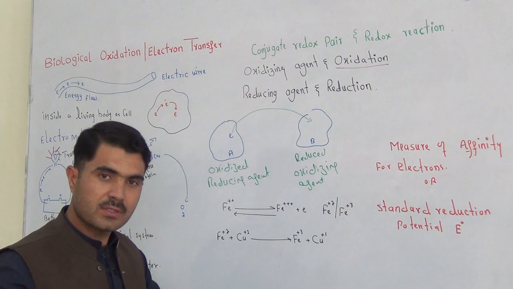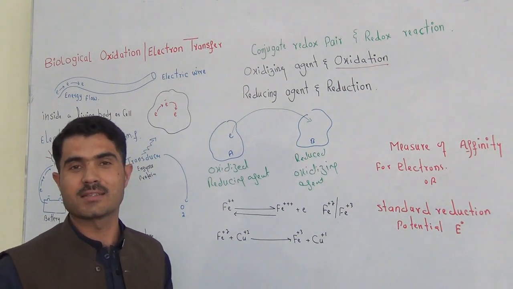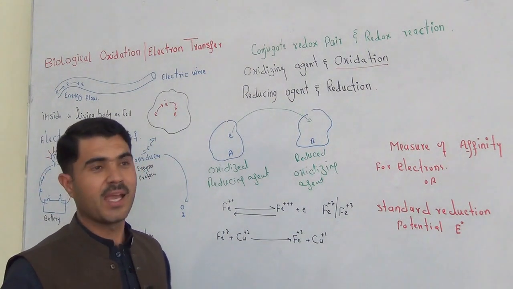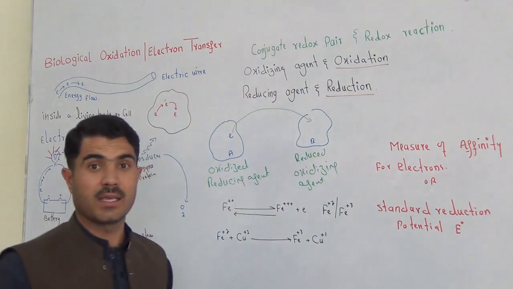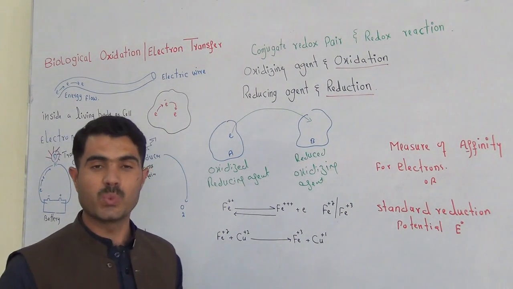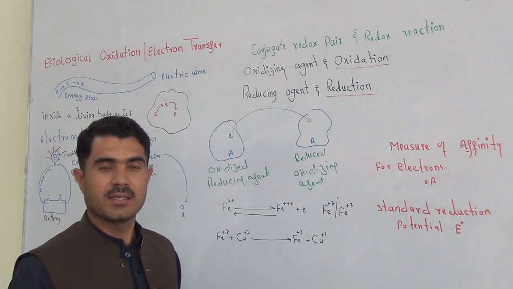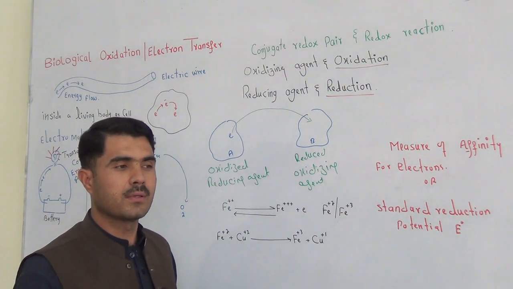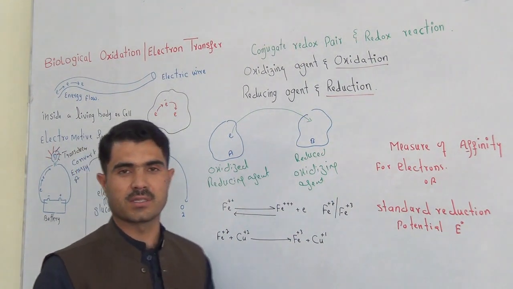The process in which a substance releases its electrons, gives electrons, is called oxidation. And reduction is a process in which a substance gains electrons. So electron release, oxidation; electron gain, reduction.